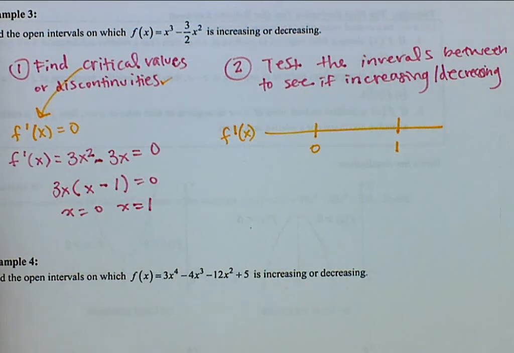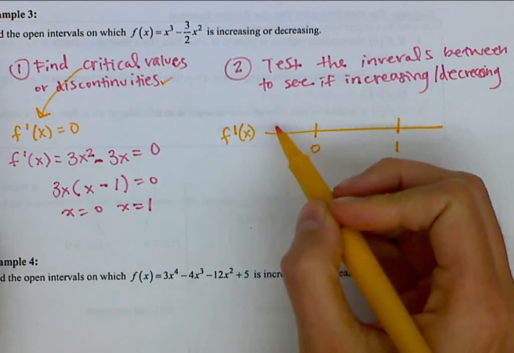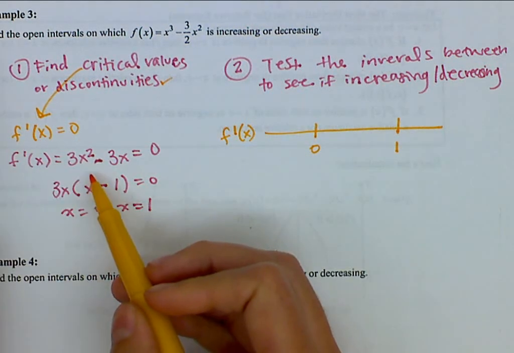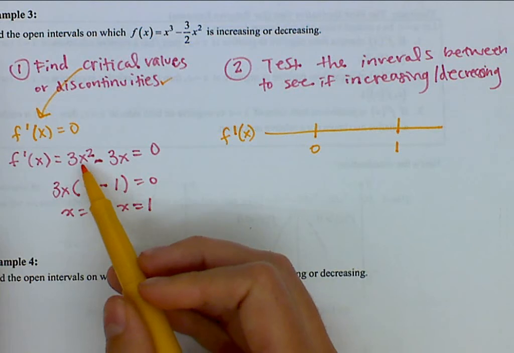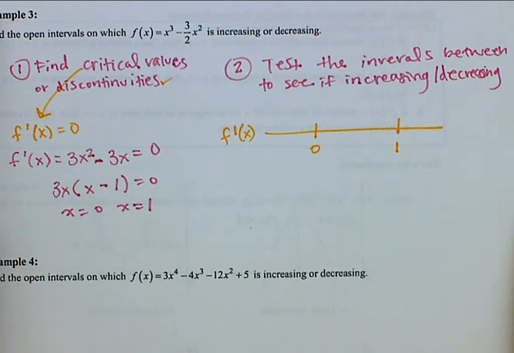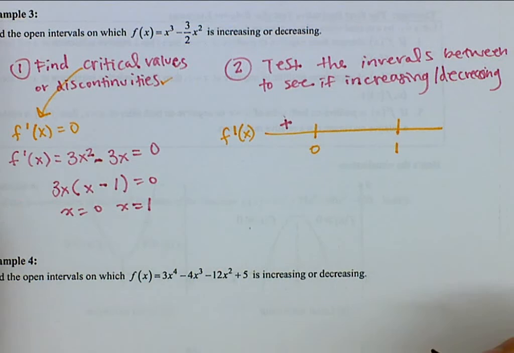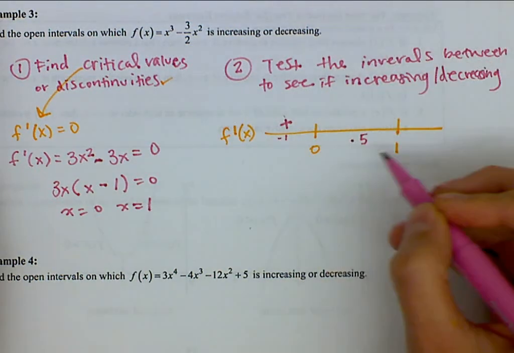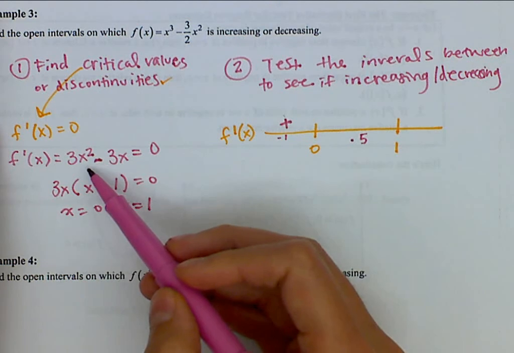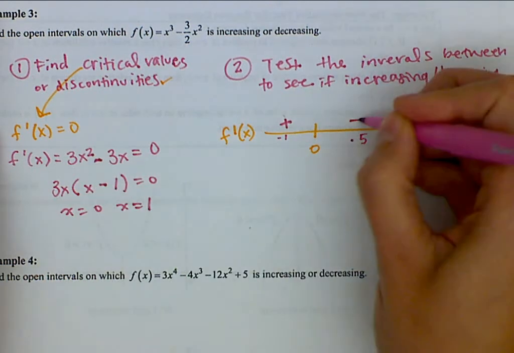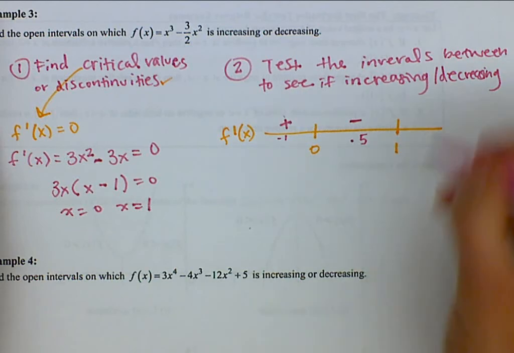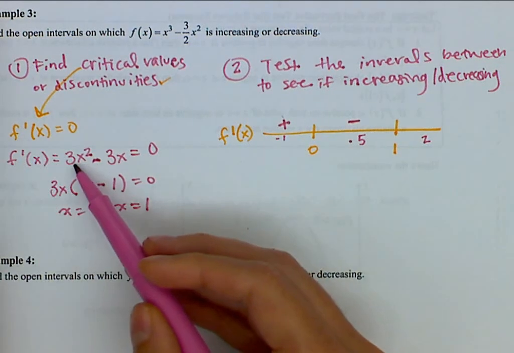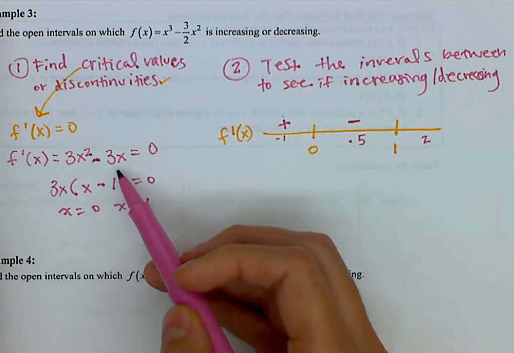If we plug in a number like -1, we would get 3 plus 3, which is a positive number. If we plug in 0.5, we would get a negative. And if we plug a number like 2 into the derivative, we would get 3 times 4 is 12 minus 6, a positive number.